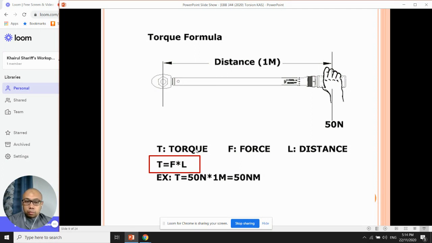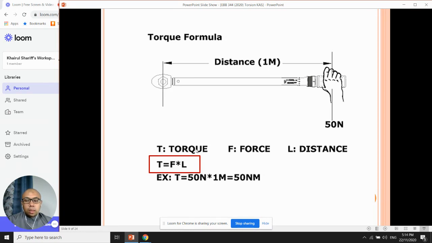So I think you already know the formula for the torsion: torsion equals force times distance, or the length of the metal rod. So in particular for torsion application, the load and the distance of the metal rod will determine the torsion mode.